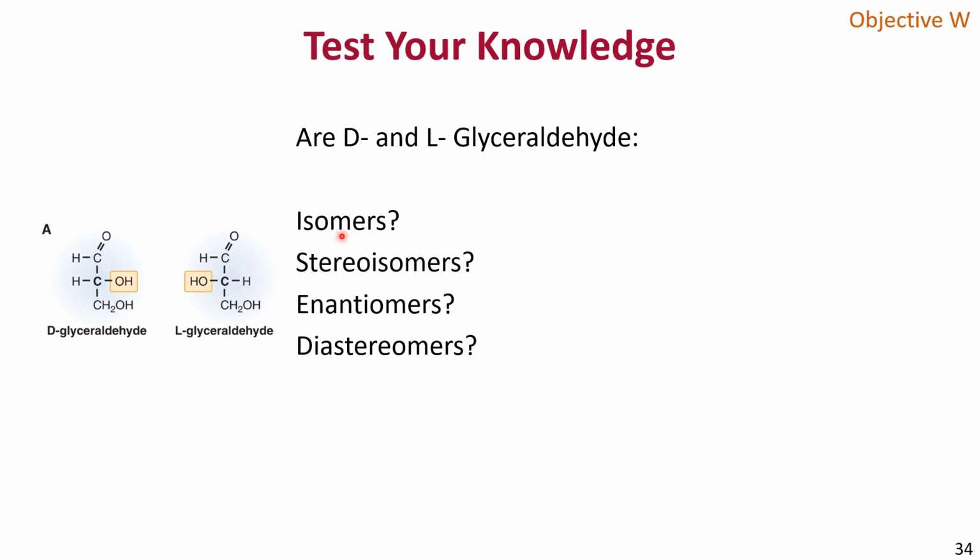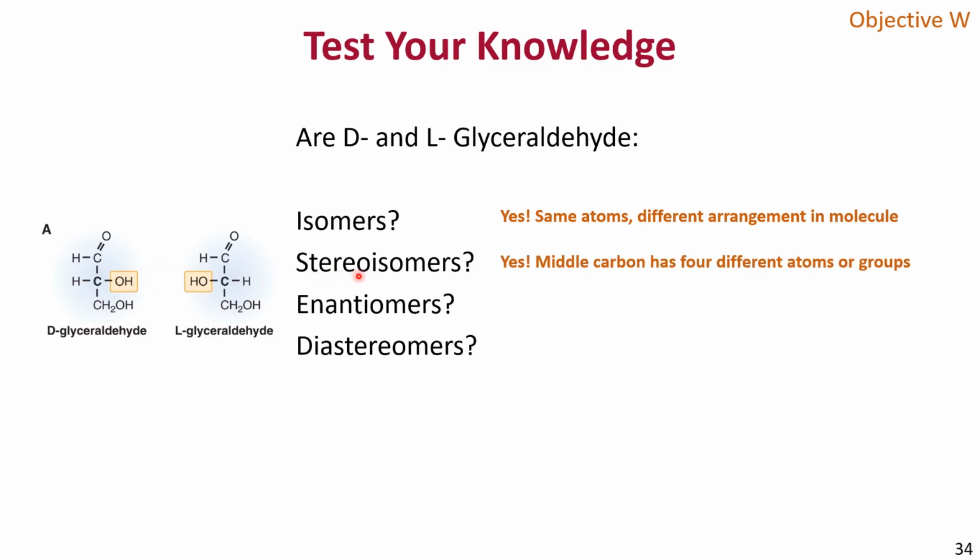And so that is the definition of an isomer. Okay, we've got that, no problem. But are they stereoisomers? The difference between a regular isomer would be no stereochemistry, but because there is a chiral carbon, because there is a different configuration in space, these things are stereoisomers. Yes, they certainly are stereoisomers.